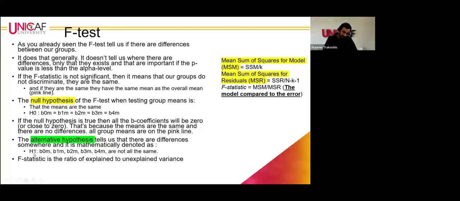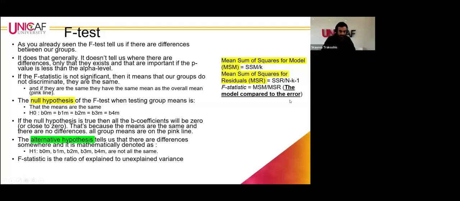It's written like this: the alternative hypothesis is that the mean of one group and another group are not the same, but it doesn't specify where these differences are. And I remind you here that to get an F statistic, we need to get the mean sum of squares for the model over the mean sum of squares of the residual.